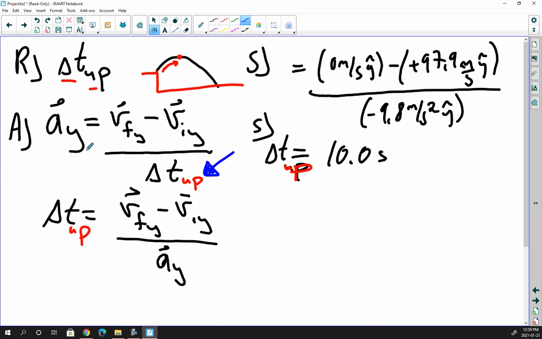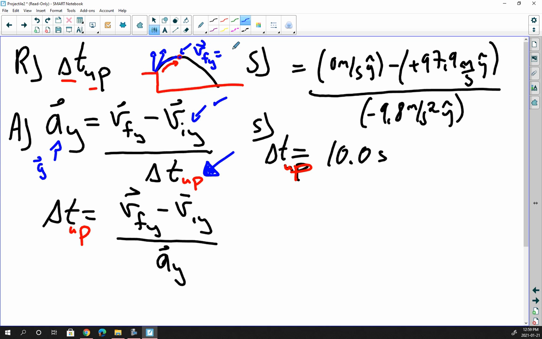Well, do I know the acceleration of this object as it makes its way to the top of the motion? Yeah, it's my old friend, your old friend, what's up, g? Do I know the initial velocity, y component, with which it was launched? Yeah, I do. I calculated that. Check. Do I know the y component of the velocity when it's at the very vertex at the very top? Yeah, that would be my final velocity y component.